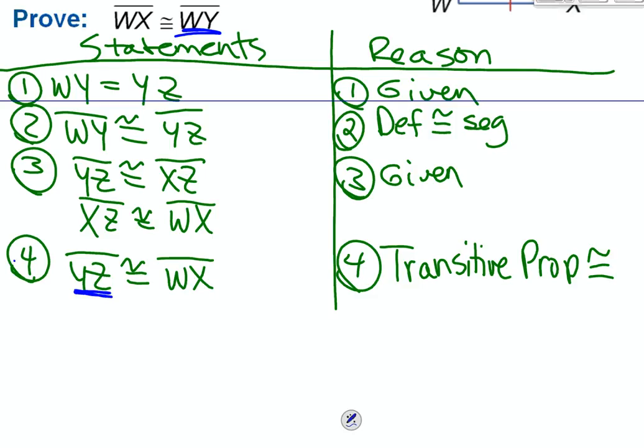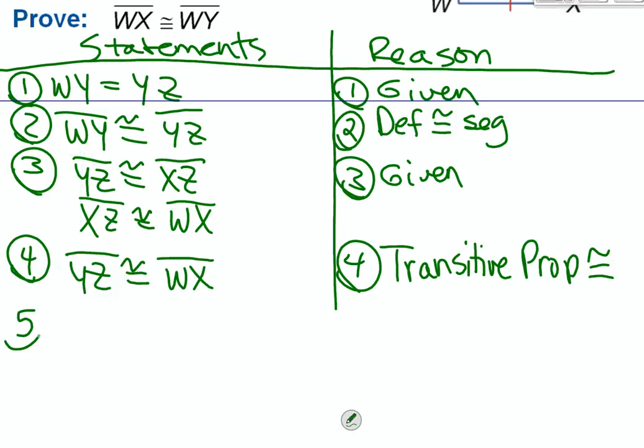And I'm going to look back to step 2. What do you notice on step 2? Segment YZ is the same as segment WY. So can I replace this segment YZ with segment WY? Give me a head nod if you think that I can. So I want you to do that for me.